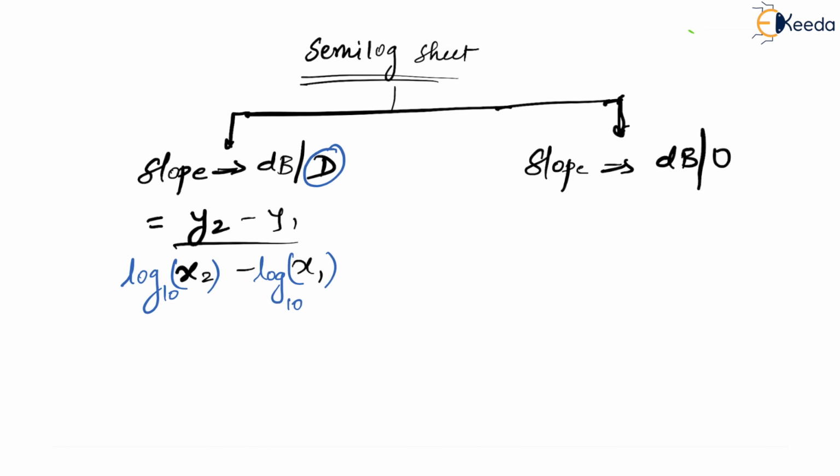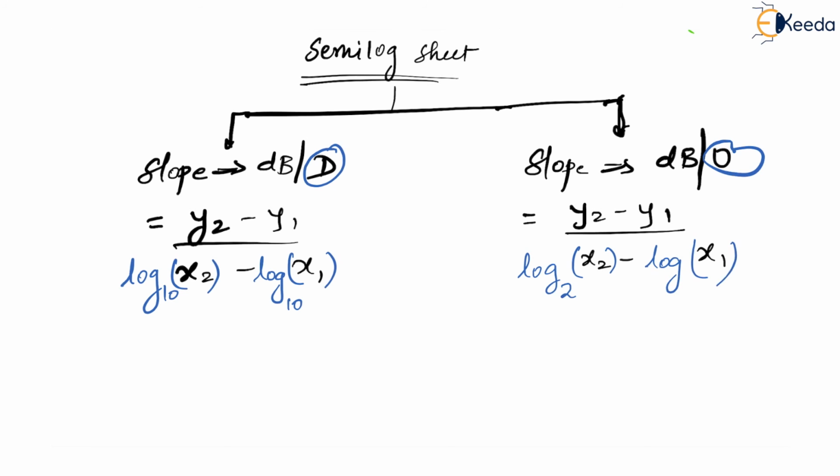Is that right? Yes. Now, if you think of the slope for dB per octave, the same thing. Even for octave, how much is the slope? It is going to be y2 minus y1 upon x2 minus x1. Is it correct? No, because it is in octave. So if it is in octave, I have to use log to the base 2 minus log to the base 2. Or the same thing can be written by using a property called change of base.